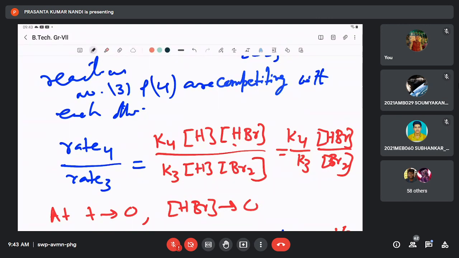That is K3 into the concentration of the hydrogen free radical and bromine. Equating them, the hydrogen free radical vanishes, and we are left with the expression K4 by K3 times [HBr] over [Br2]. So this is a very interesting result, which is the ultimate expression.